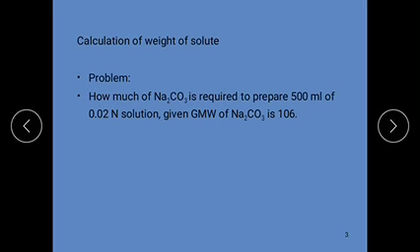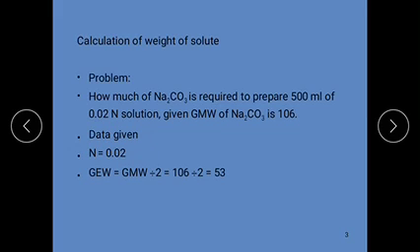To solve this problem, first we have to write the given data. The normality of the sodium carbonate solution is 0.02 N. The gram equivalent weight of sodium carbonate is its molecular weight divided by 2, where 2 is the total number of positive or negative ions, that is 2Na+ and CO3 2-.